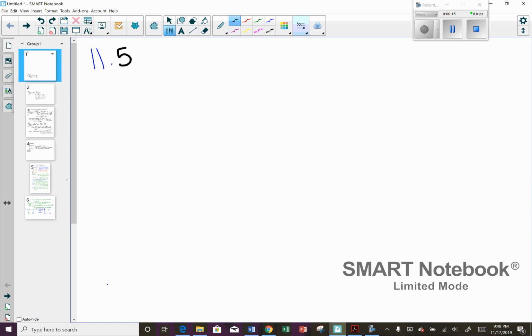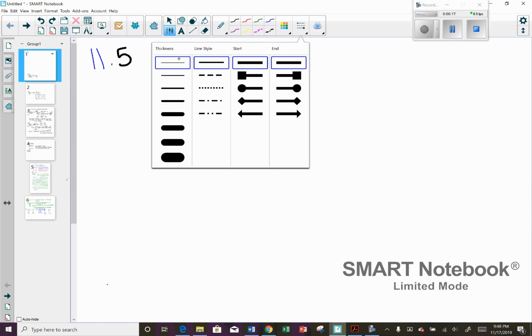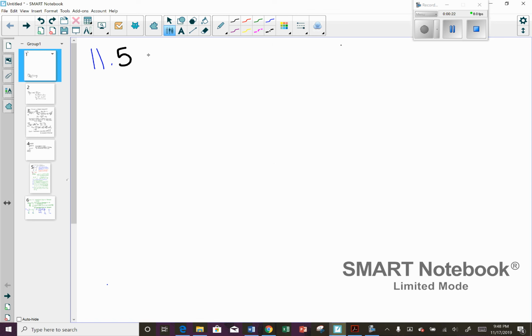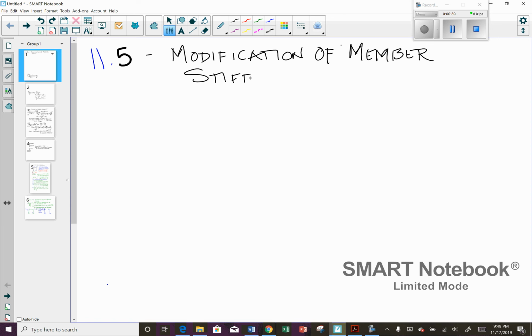11.5. And 11.5 is modification of member stiffness. So if you recall, we were looking at moment distribution.